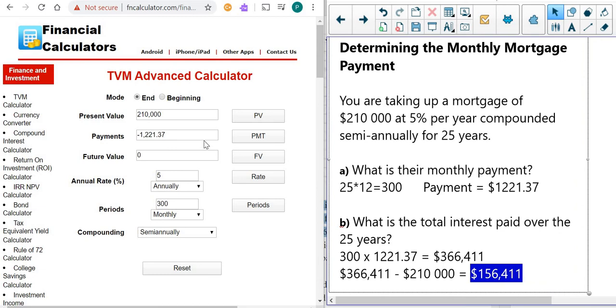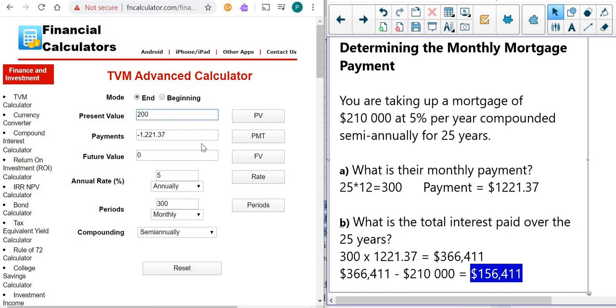One thing that I want to show you is that once you have a mortgage, once you are purchasing a house, there's a couple of things that you could do to decrease this interest that you have to pay to the bank. For example, you could do a bit of a down payment. Instead of having a $210,000 mortgage, maybe you could reduce it by $10,000.